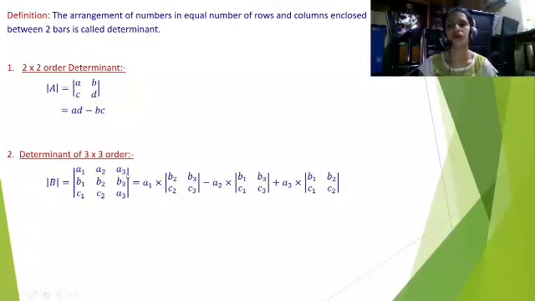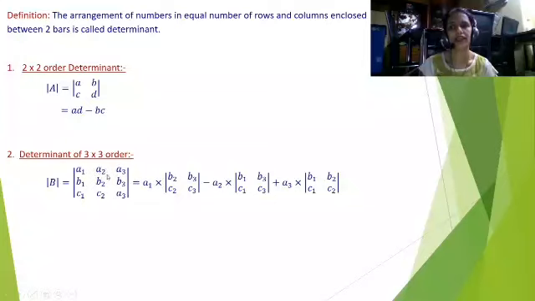If we are taking A1, we write A1 into, you have to hide the first row and first column where A1 is there. So we will hide that. What we can see is B2, B3, C2, C3. So we do A1 into the determinant B2, B3, C2, C3, that is a 2 by 2 determinant.